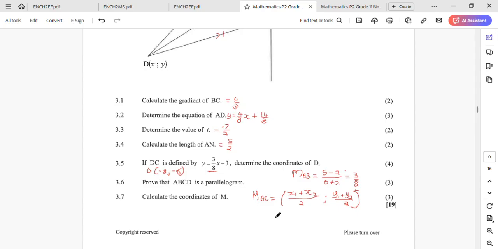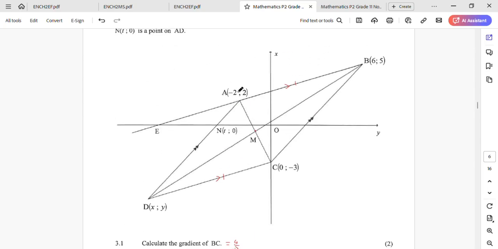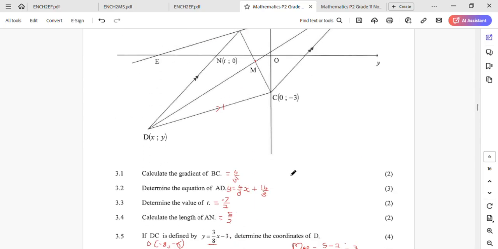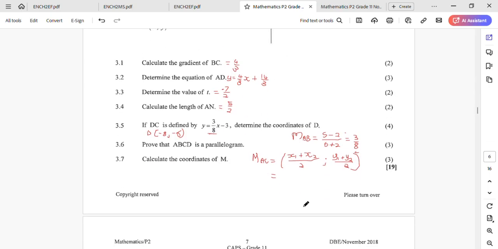So x1 is xa, that is minus 2, plus x3, that is 0.